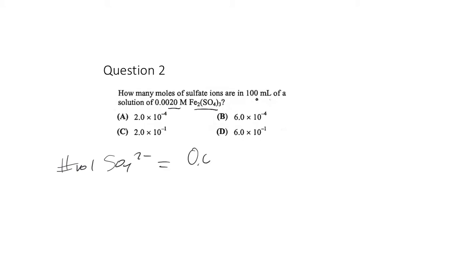I'm going to take my 0.00200, just 1 zero. Now, this is moles per liter. So that's moles of Fe2(SO4)3 per liter of the solution.